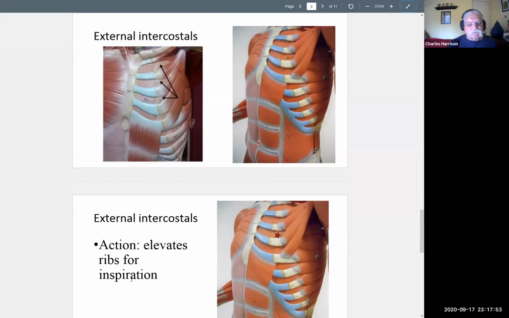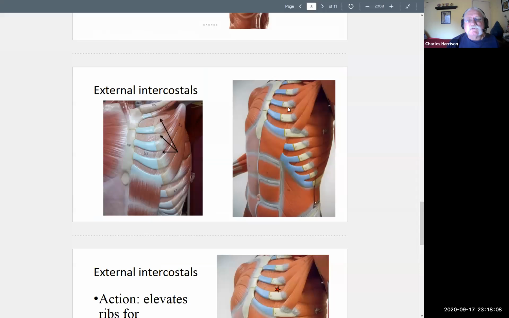Or in this case, they want to use the word inspiration, that's fine. The external intercostals. The star here is on external intercostal. Over here, these are the external intercostals, unlabeled.